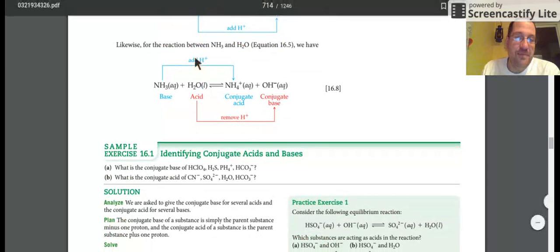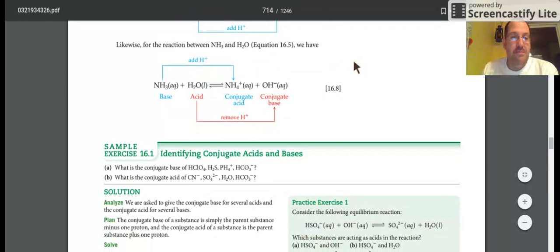Now this is a base reaction. This is ammonia reacting with water, and what happens is ammonia gains a proton and it becomes the ammonium ion. When it does that, now it's a base, and then it forms its conjugate acid. That is the conjugate acid-base pair.